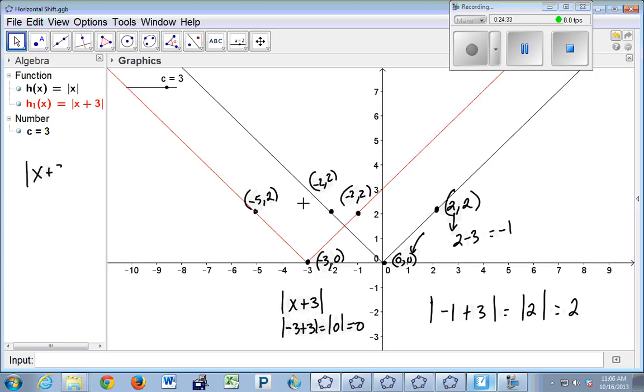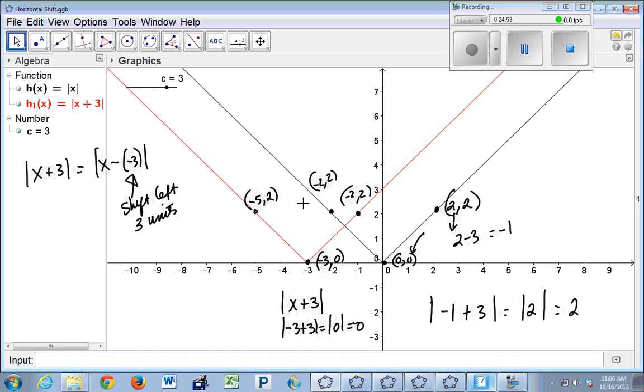So how could you write x plus 3 as a subtraction problem? X minus negative 3. So there you see the shift to the left 3 units. That's another way to see it.